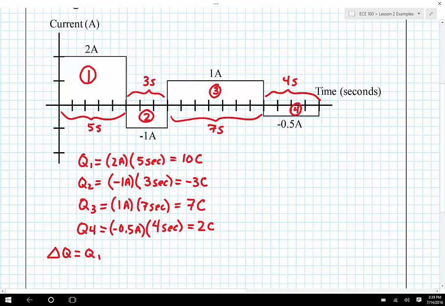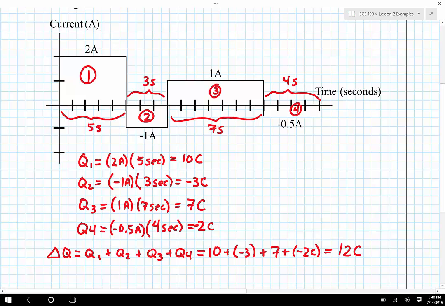So this is Q1 plus Q2 plus Q3 plus Q4. And therefore this is 10 plus -3 plus 7, oops, forgot a negative sign right here, plus -2 coulombs. This works out to be 12 coulombs.